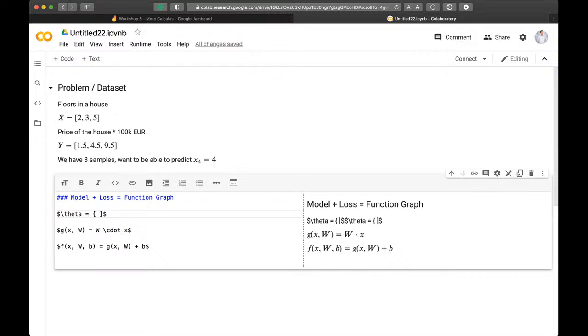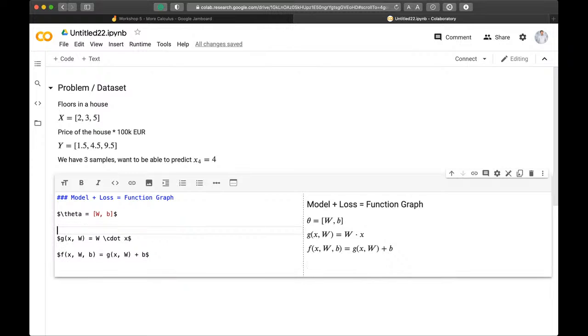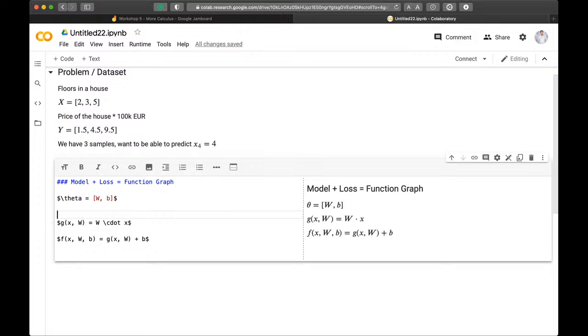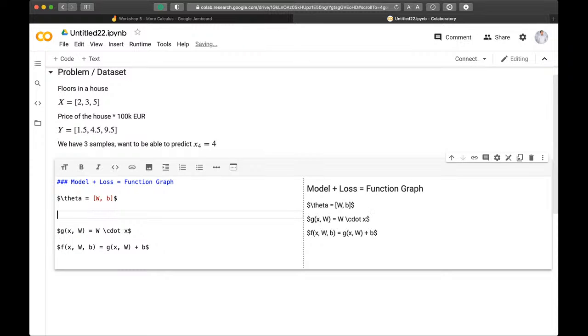No. Okay, let's do this. Okay, cool. So the theta will be W, b. Not sure. I will check if we need some other parameters. So now we have 2 parameters. Let's see if I can get a new line. Okay, we can. Okay, cool.